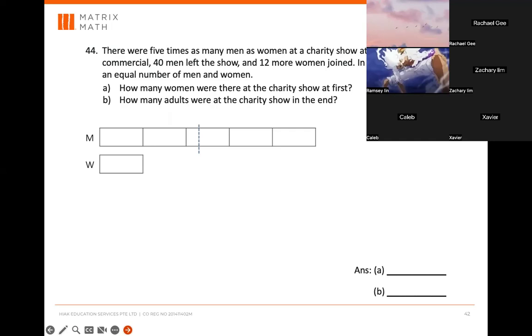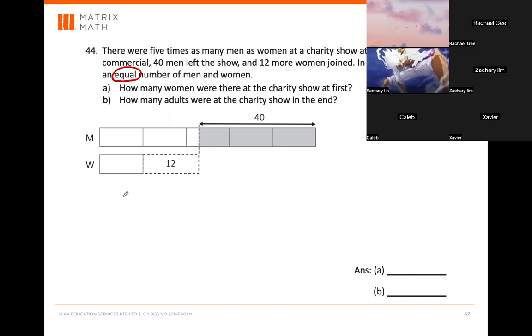The key word here is equal. So that means when I cut from men and add to women, they will have the same at the end of the day. So this is 40, and women, you added 12. And now they are the same.